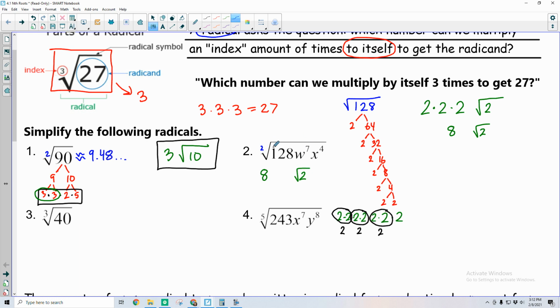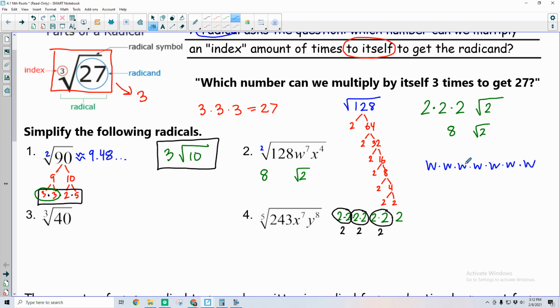Now, the variables I think are a little bit easier because we don't have to do this crazy factor tree thing. We can just write this out as w multiplied by itself 7 times. So that's another way we can have w to the power of 7. We can write it like this, w times w, 4, 5, 6, 7.